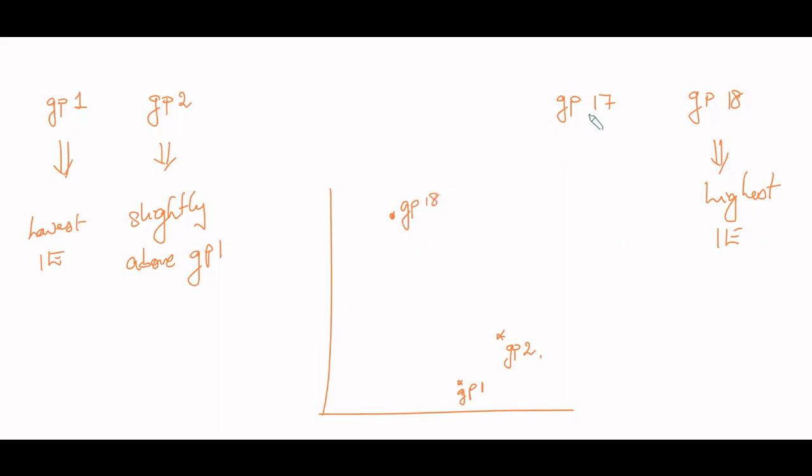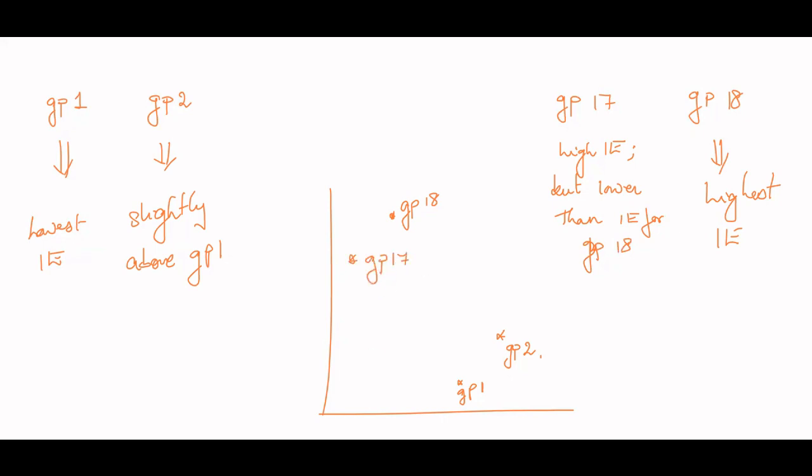And coming to group 17, it is not as high as group 18. It is slightly lower. This has high ionization enthalpy, but it will be lower than group 18. So here comes our group 17.